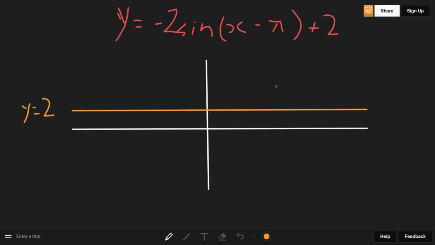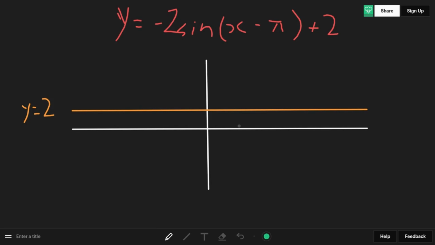And that gives us a good reference. Also, we want to label our x-axis. Since the b value is only 1, meaning there is no horizontal compression, our period will still be 2 pi.